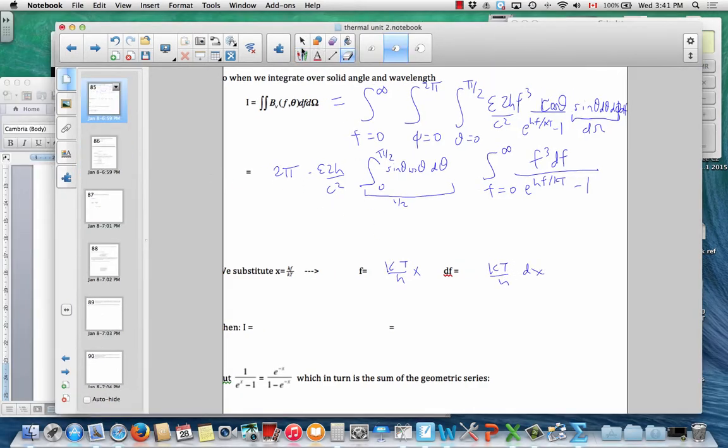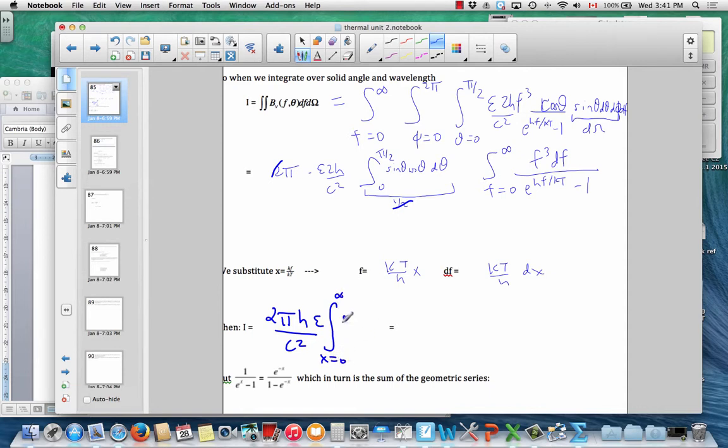So having made that substitution, first of all, this half will cancel out this 2 here. And so we're left with some constants out in front, namely 2 pi h epsilon over c squared. Then we're left with this integral. Now as f goes from 0 to infinity, x will go from 0 to infinity.